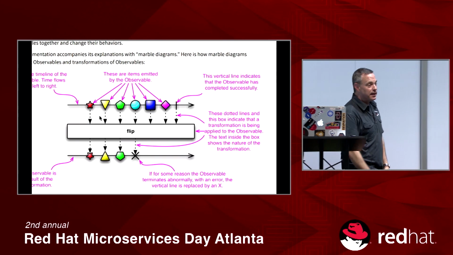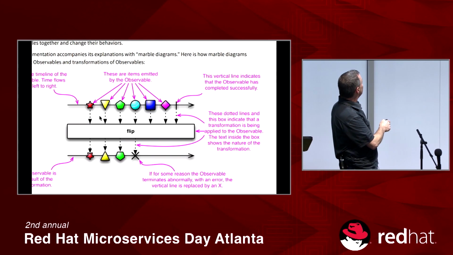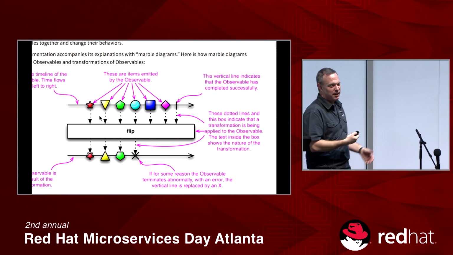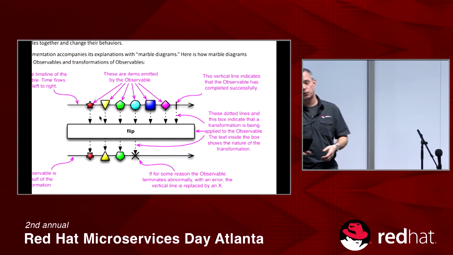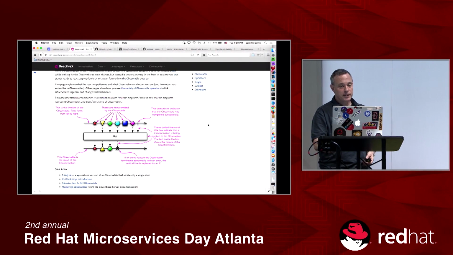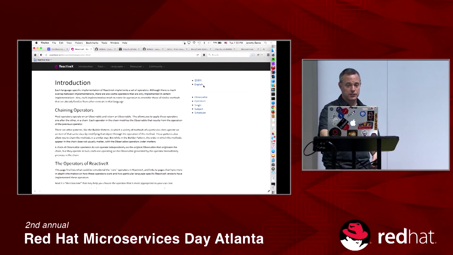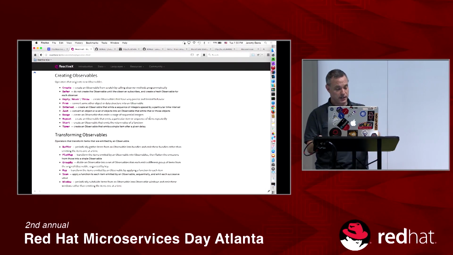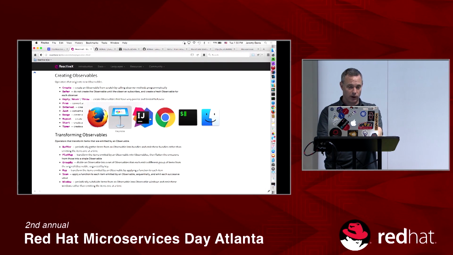So we get this data in, and if we apply an operator called flip, we flip diamonds around, right? So we're not doing diamonds, but your data changes when you apply these operators. And you can walk through, all these operators are listed here on the site, and you can chain these together, and you can look at these diagrams to see what they're doing.